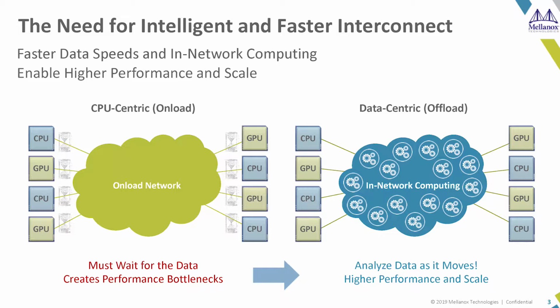And so, when we look at adding new features to our next generation technologies, one of the things we look at is how we can improve overall system efficiency by adding compute capabilities within the network.